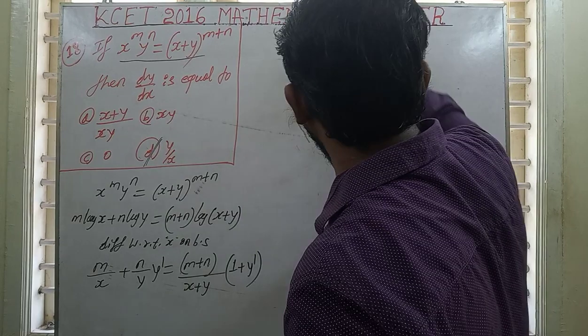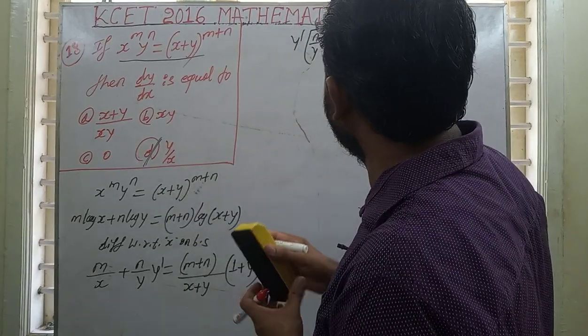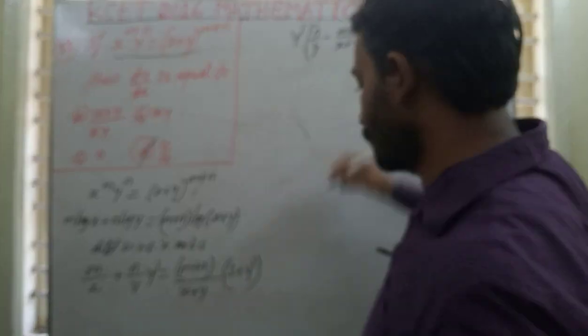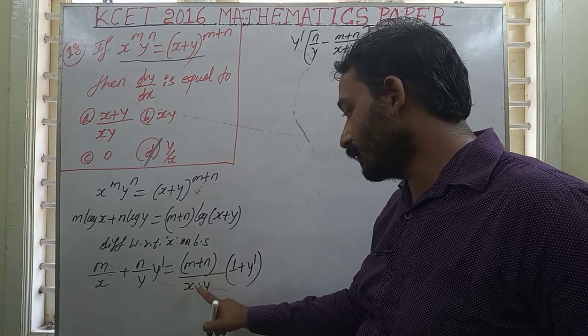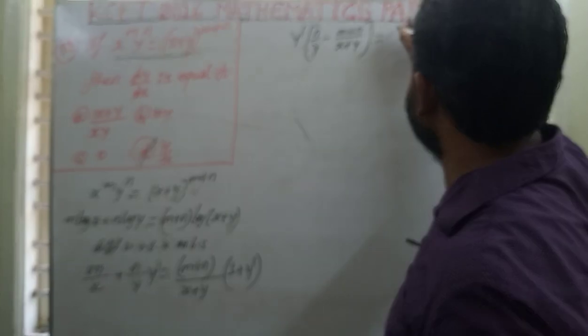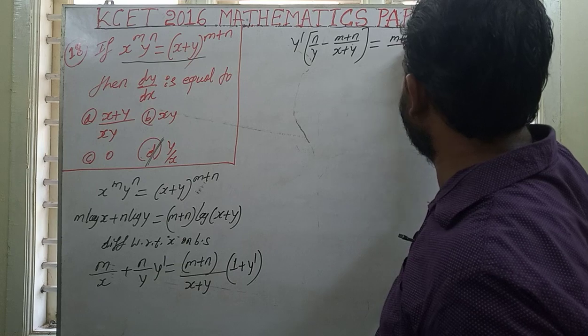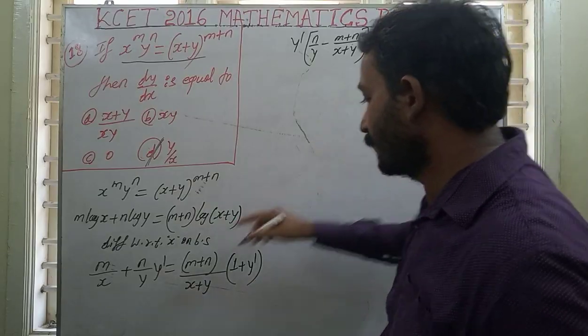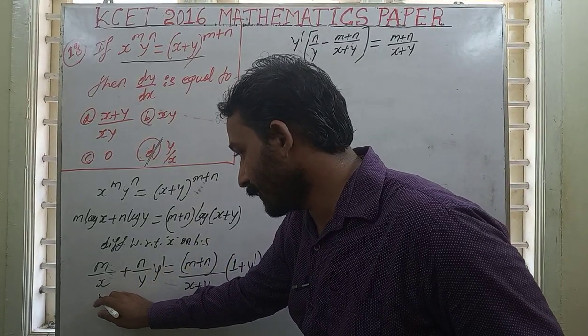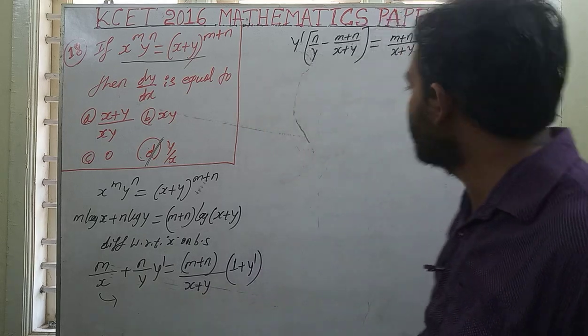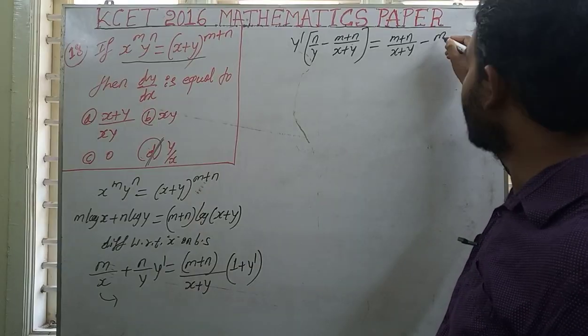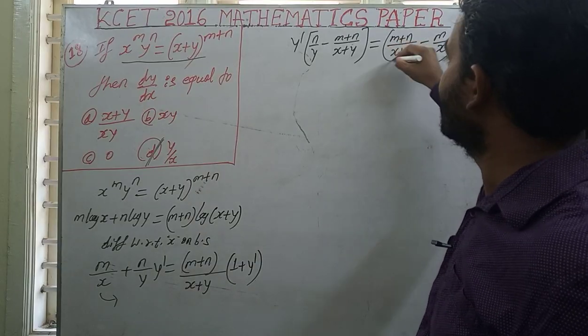Here there is a minus. Okay. So the right hand side becomes m plus n into n divided by x plus y, into 1 as it is, m plus n divided by x plus y. On the left hand side, m by x moves towards the right hand side and becomes minus m divided by x. Now simplify this.